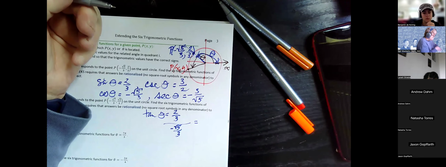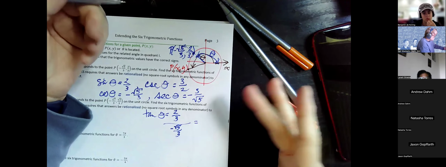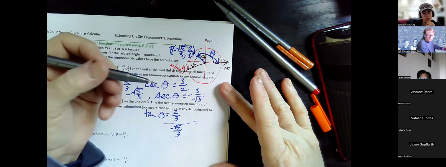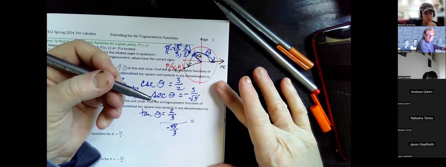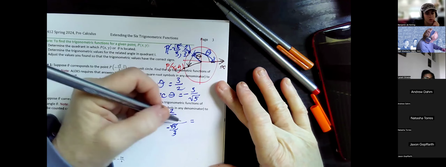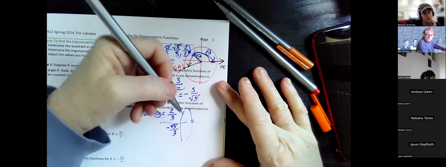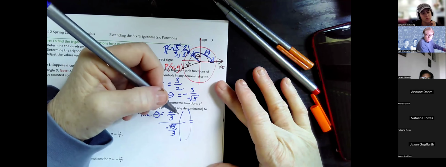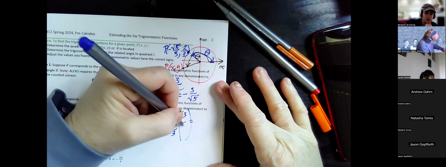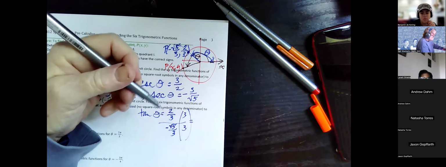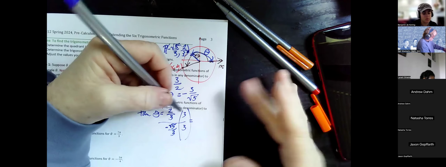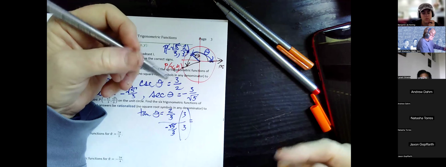Okay, and what can we do to reduce or simplify this fraction? Find a common denominator, but it looks like it already has one. And so what do we do with it? Divide them. So are we going to multiply or divide?